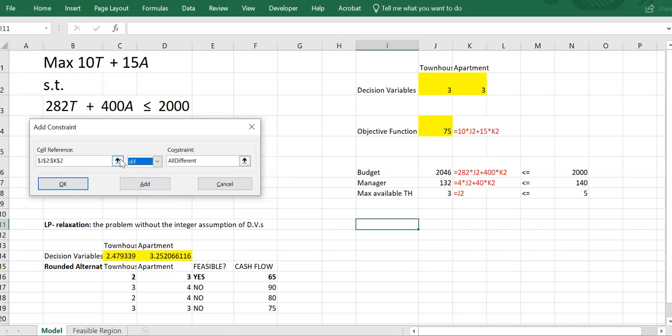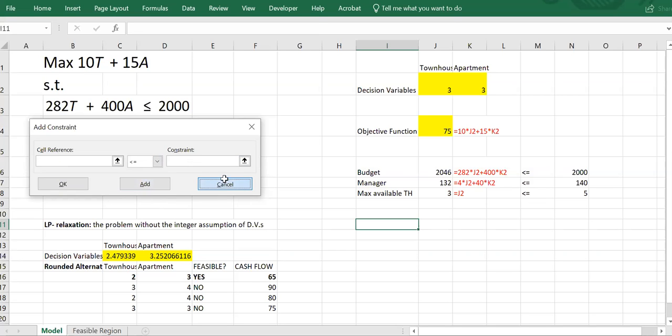If you had 10 decision variables and you pick all different, they have to take values from 1 to 10, and all of them should be different. That's usually good for sequencing type of problems, when you want to put things in different orders, right? So that's a very specific type, and we're not going to be dealing with this one, but make sure to set these two decision variables to integer.